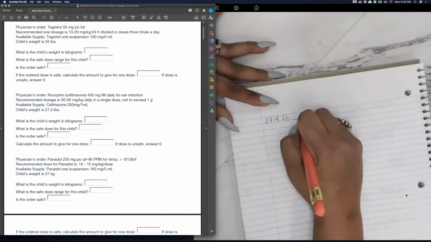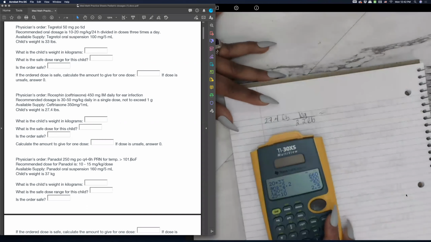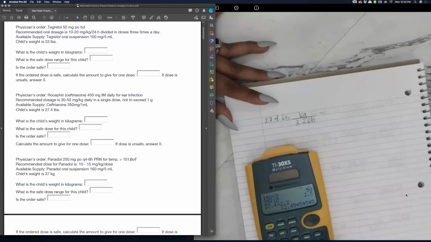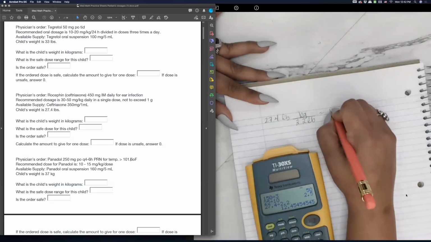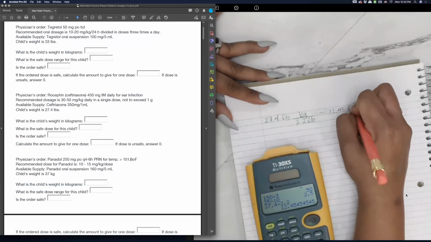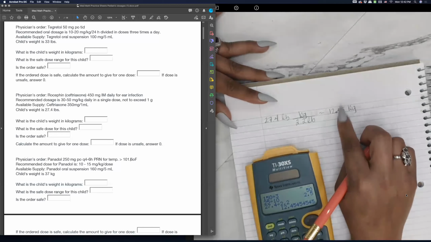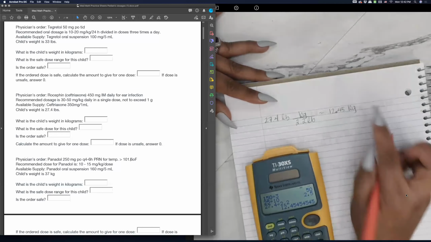We're going to convert that. 27.4 divided by 2.2 gives us 12.45 kilograms. Again, pediatric doses, we're going to round our mass to the hundredths place.